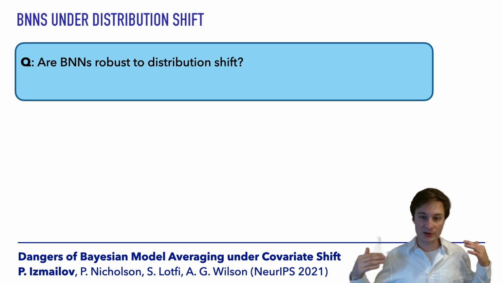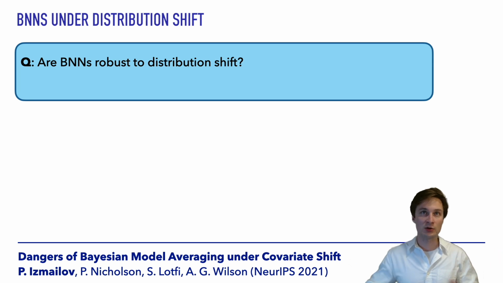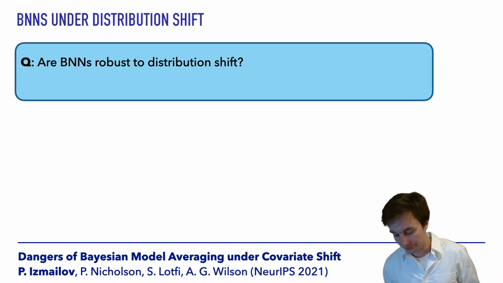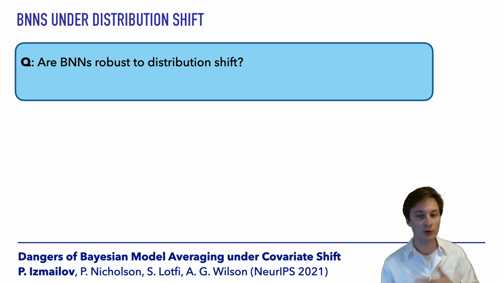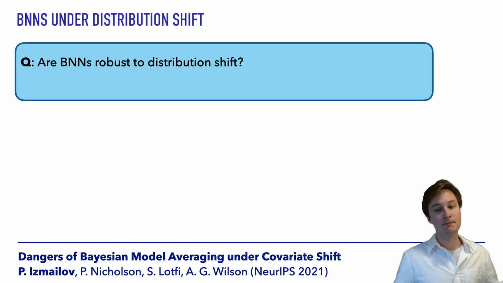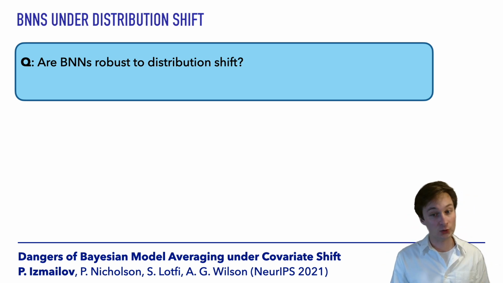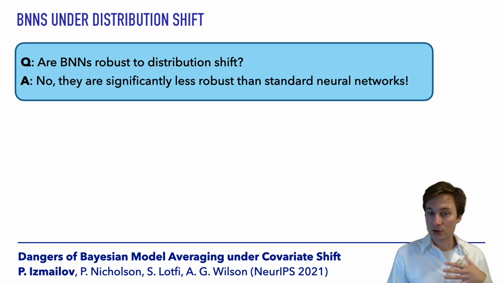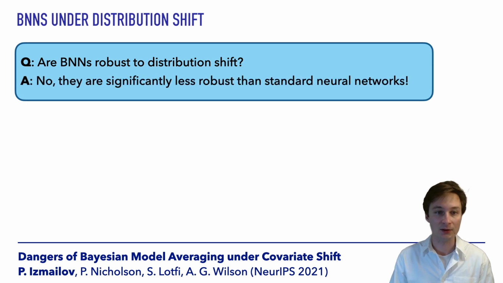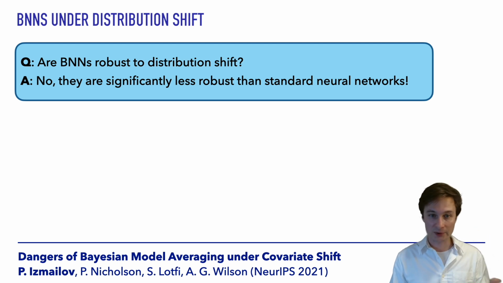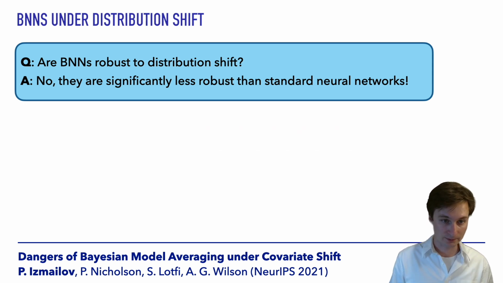So in a way, they are smoothing the predictions across many different diverse functions that are all consistent with the training data. And that should be robust intuitively. But surprisingly, what we find is that in certain situations, the exact Bayesian neural networks are very susceptible to distribution shifts and much less robust than standard SGD solutions.